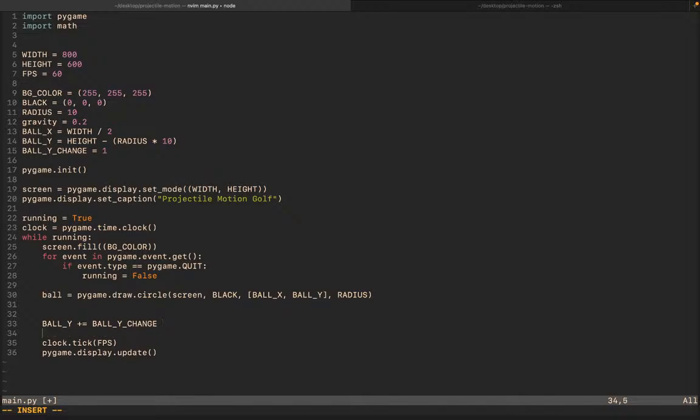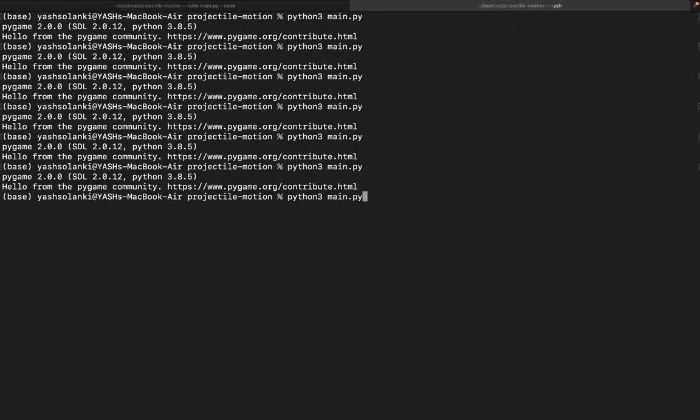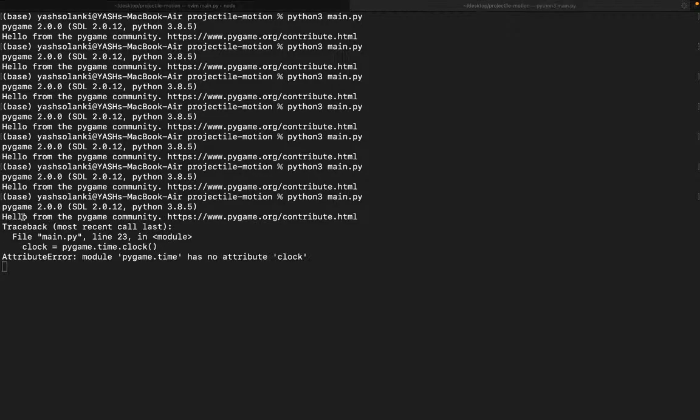And here, I'll also do one last thing. So ball y change plus equals gravity. If my physics and math is correct, this should work. I'm guessing this is a very crude way of doing it, but well, oh, you gotta be kidding me.